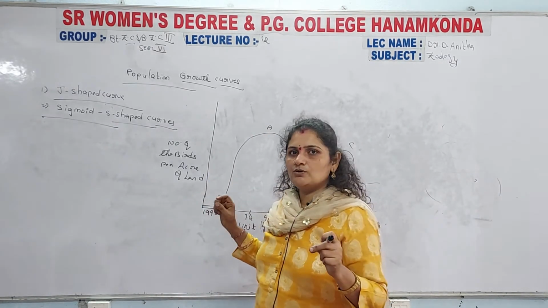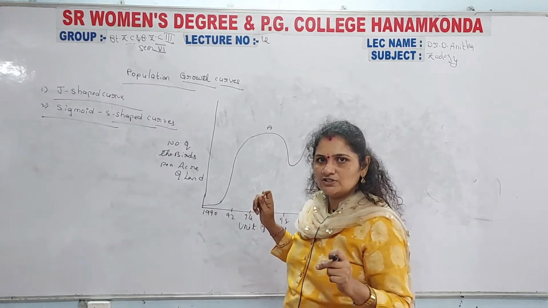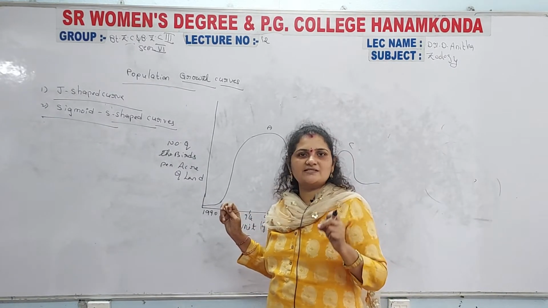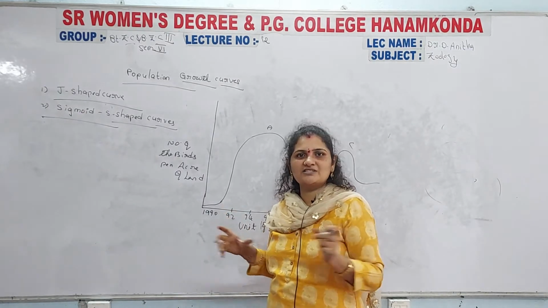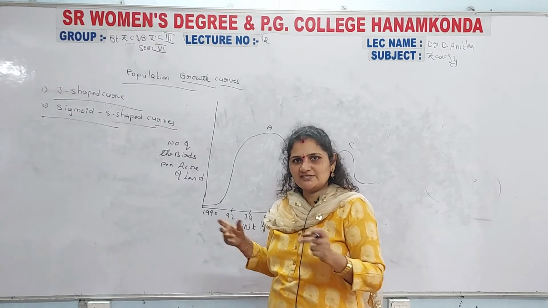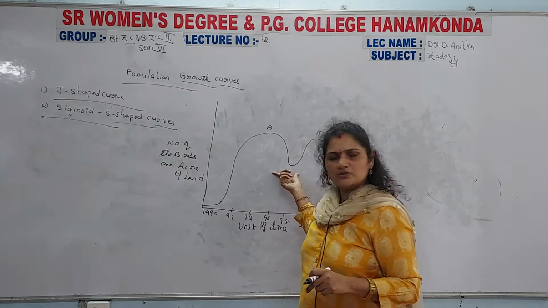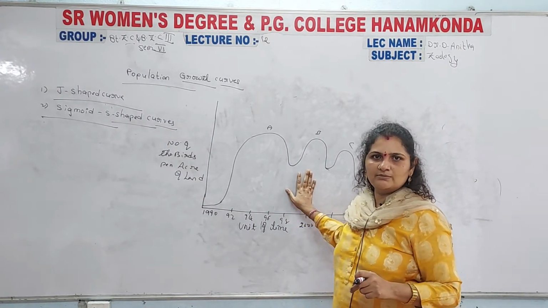But here, at the maximum number of individuals, due to the scarcity of food material or some other competition levels increasing in the population, the number gradually, slowly increased.